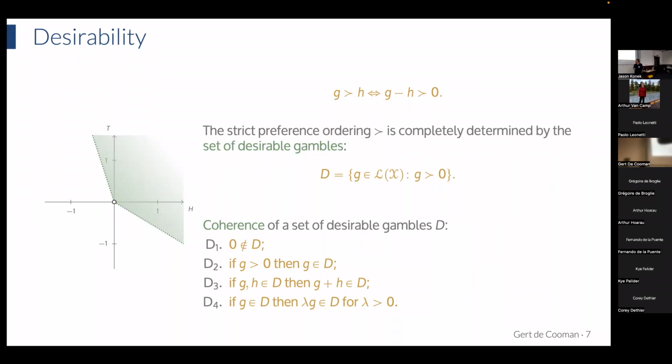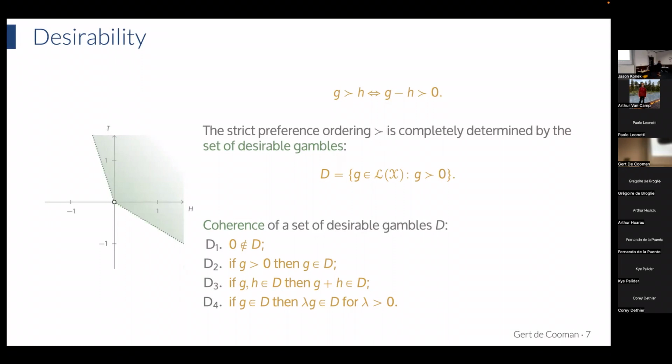Right, so this is a model where the borders are completely excluded. This is an open cone. The borders are not in there. So what happens now is, let me look at that cone, and I'm going to try and make it larger. I'm going to keep adding gambles to it that were not already in there, and I'm making it larger and larger.